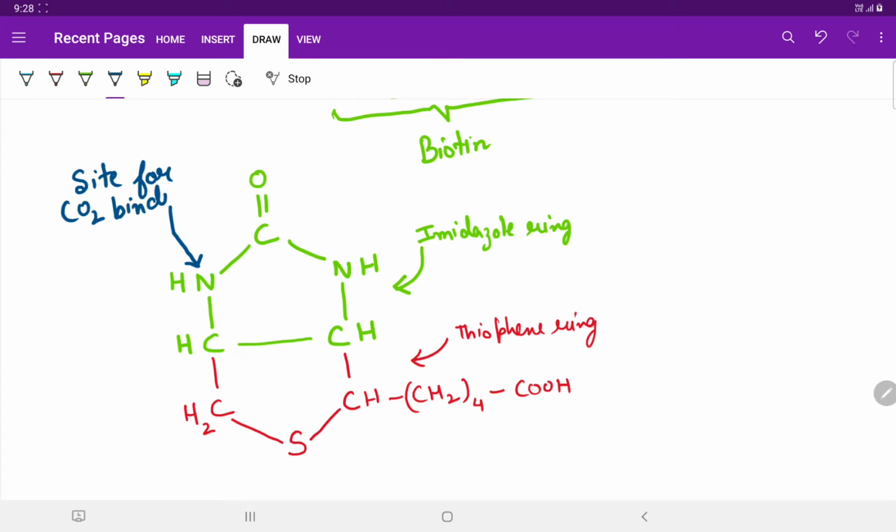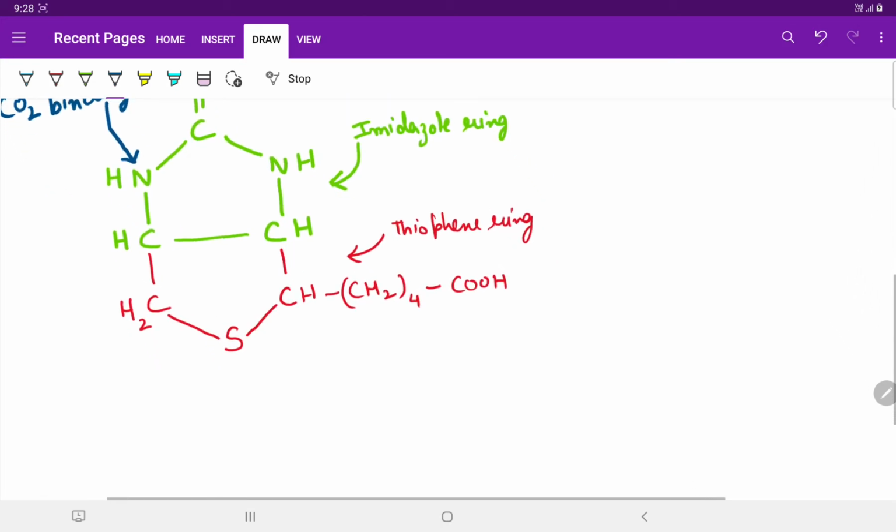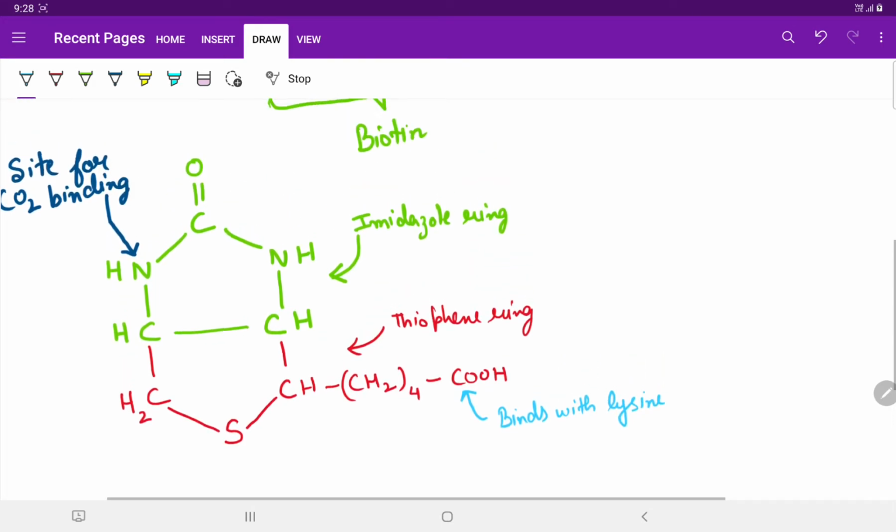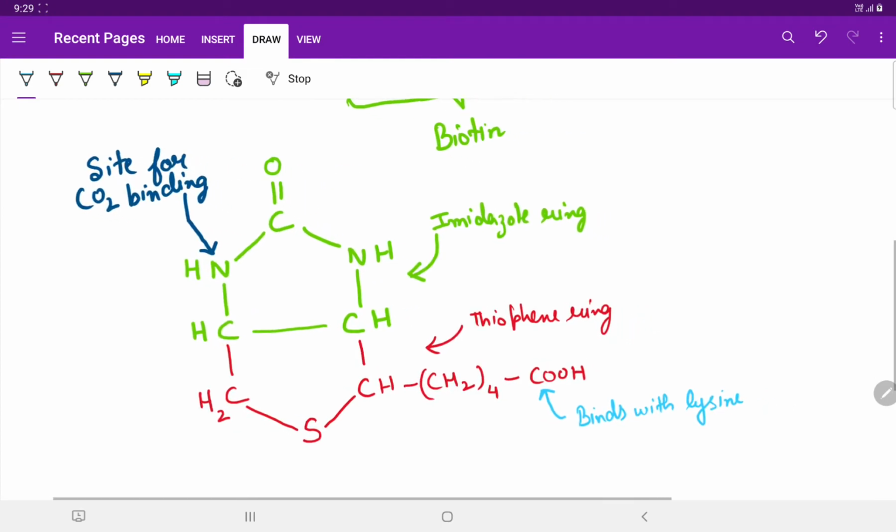So at this place the carboxylation reaction initiates, whereas this carboxylic group binds with the lysine in enzymes. So particularly this binds with the lysine. Now you can clearly see the structure of biotin here. I hope the chemistry of biotin is clear to you all.